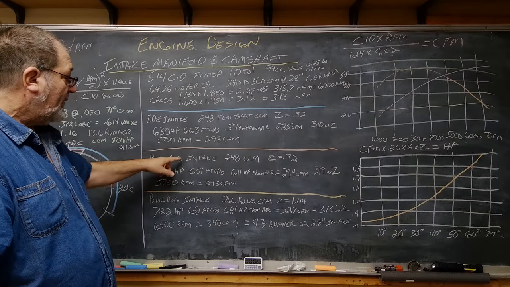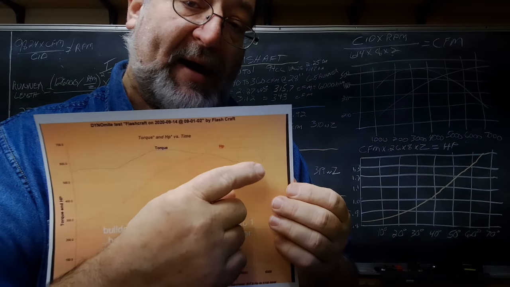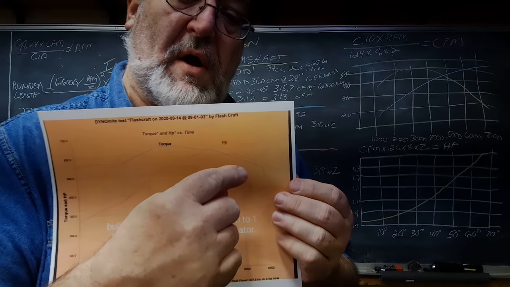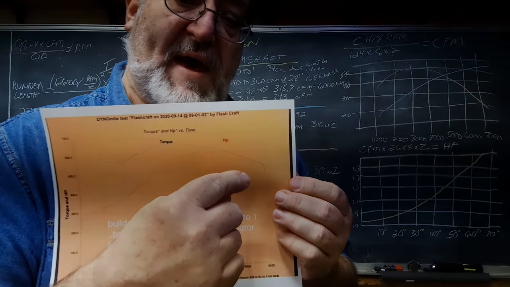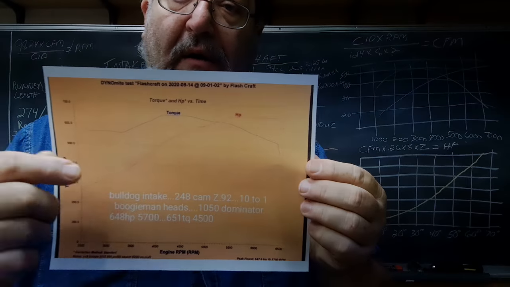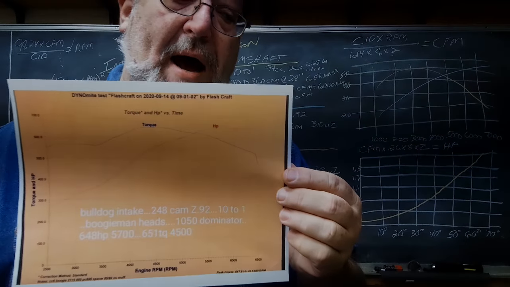I'm hoping you can see this, but if you look, it got flat. It basically peaked at 57, but it carried all the way out to that 6,500 where the intake was tuned for. And so it really shows that it not only works on CFM demand, because it flattened out, it was done airflow-wise, but the intake with airspeed wasn't quite done because it was tuned a little higher. And so that gave us our flat plane at the top.